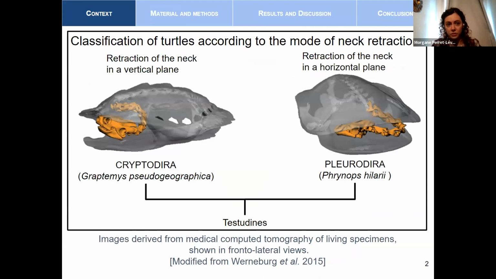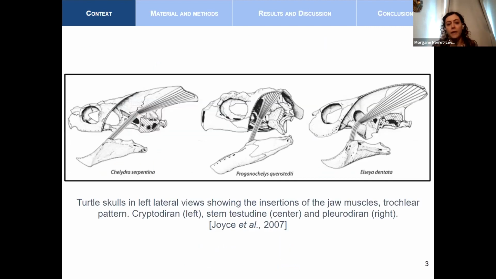First, I need to present the difference between the two suborders of turtles. We have a differentiation between the Cryptodira and the Pleurodira, in the way they retract the head under the shell. The Cryptodira retract vertically, the Pleurodira laterally.